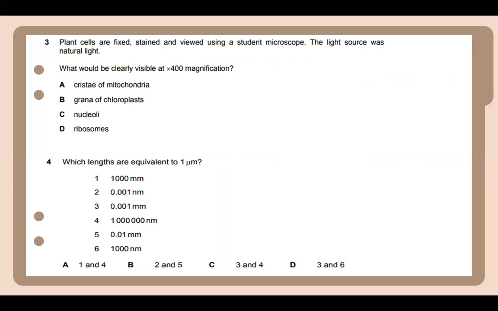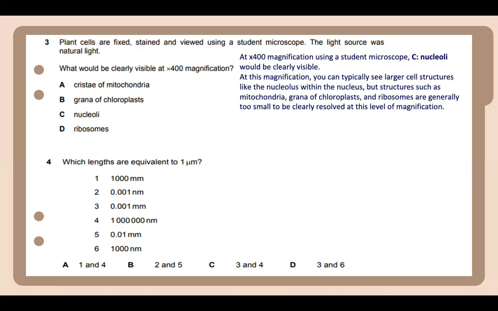Plant cells are fixed, stained, and viewed using a student microscope. The light source was natural light. What would be clearly visible at x400 magnification? At x400 magnification using a student microscope, nuclei would be clearly visible.